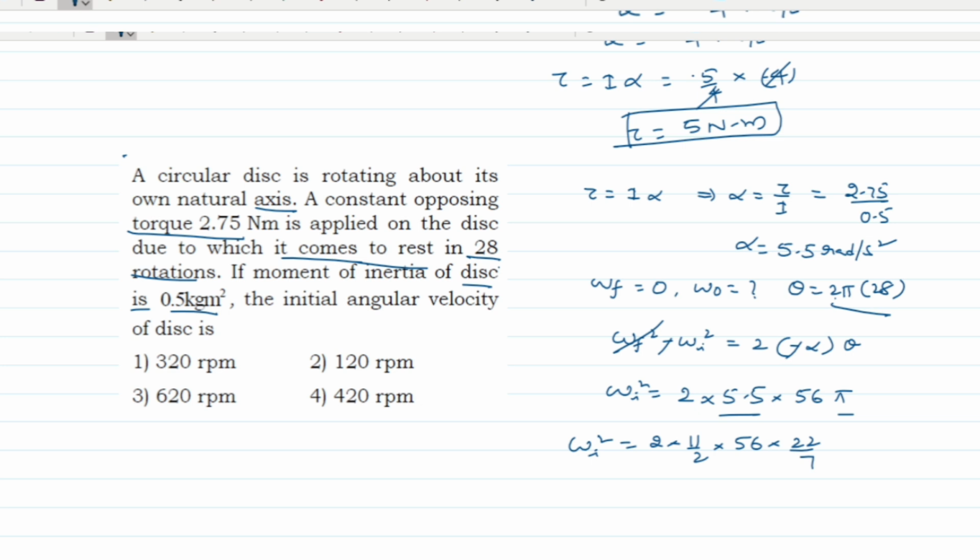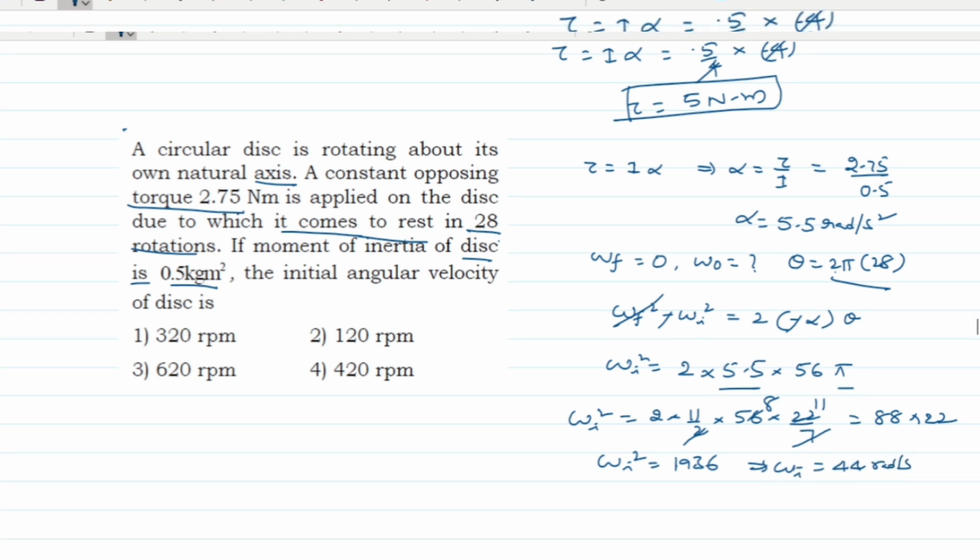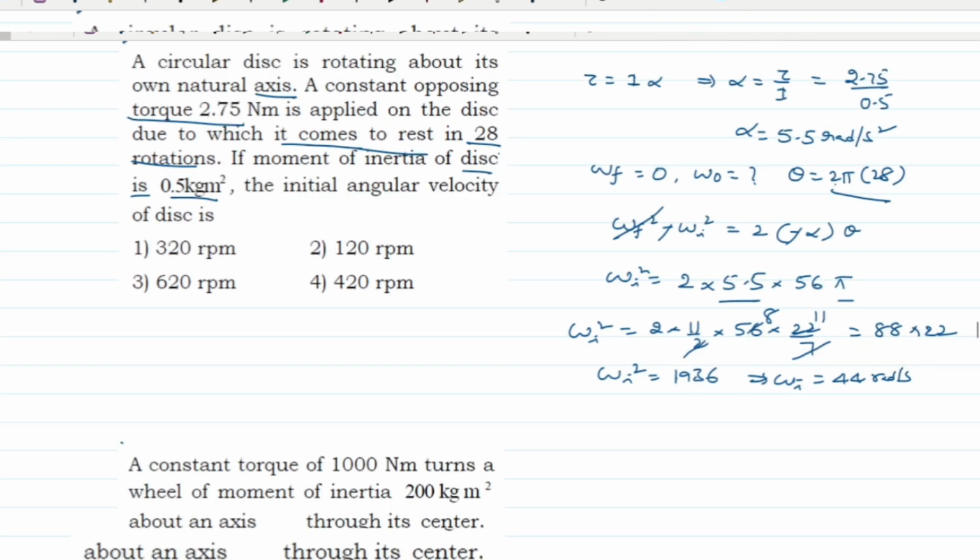So here you have to cancel this one, 7 8 0, and here 2 11 0 you will be getting, which is nothing but 11 8 0, 88, into 22, which is nothing but omega initial whole square, which is 1936. That means omega initial value will be 44 radian per second. So omega initial value we have calculated.